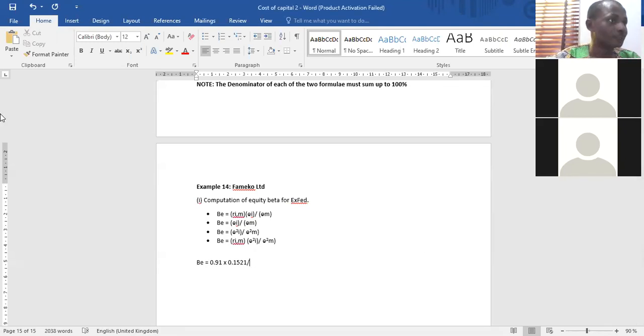The question says you analyze the correlation between the excess return on XFed and the excess return on the S&P 500 index. After that table they gave us the next paragraph. Have you seen it? Yes, sir. You analyze the correlation between the excess return on XFed and the return on the S&P 500 index and obtain a correlation coefficient of 0.91.